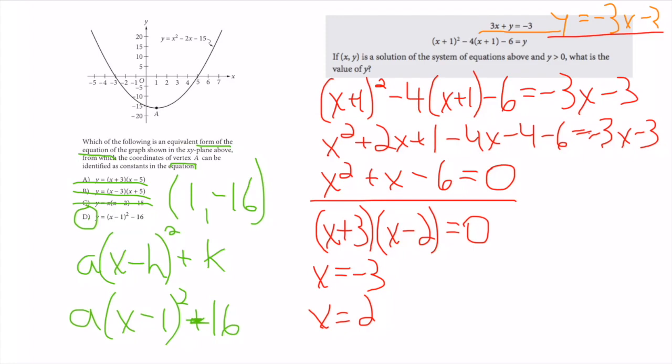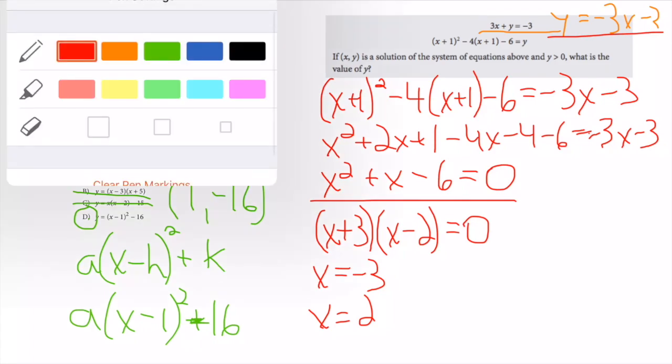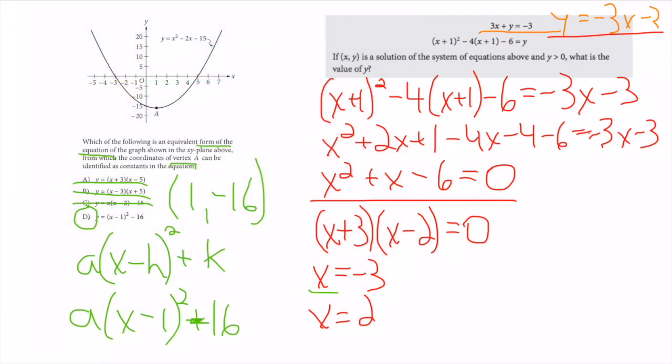So it's now looking for the value of y, and I just solved for x. So now what I need to do is take these two numbers and plug into either one of these equations again. Okay, so I'll plug in here.